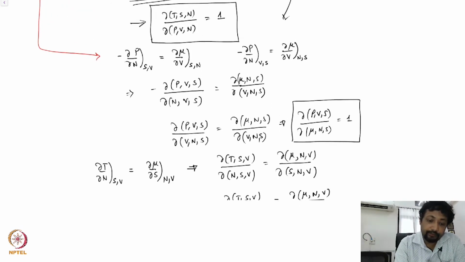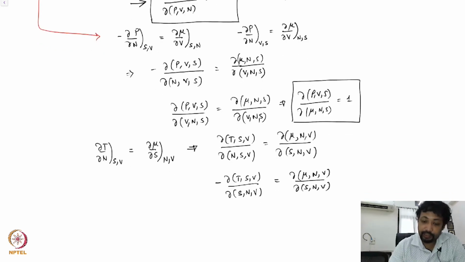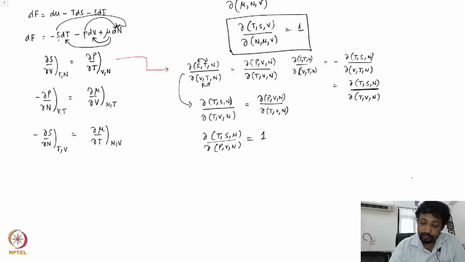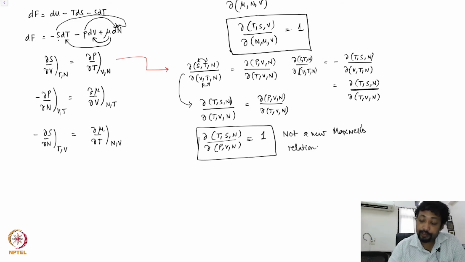Look at this. This equation is del of tsn, del of pvn equal to 1. So this is not a new Maxwell's relation.